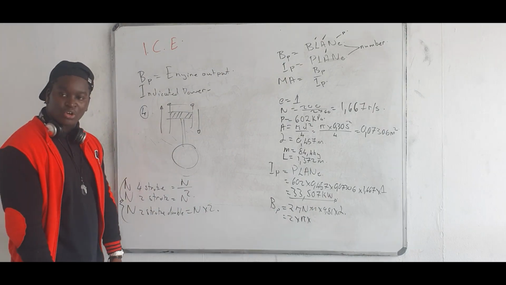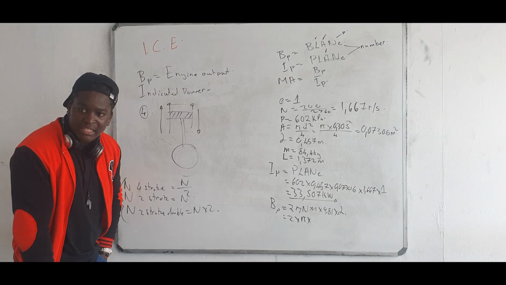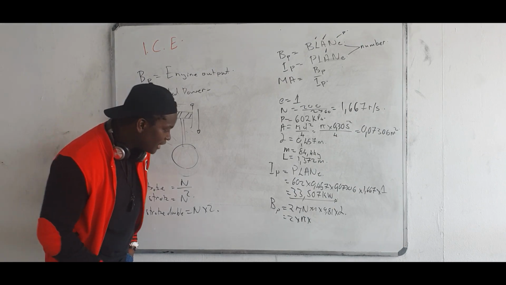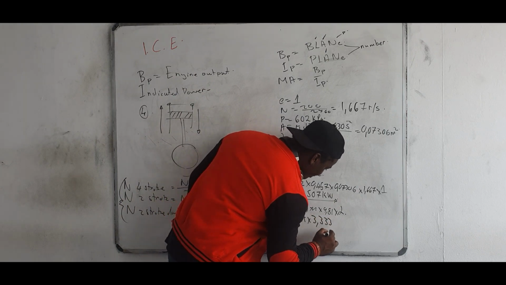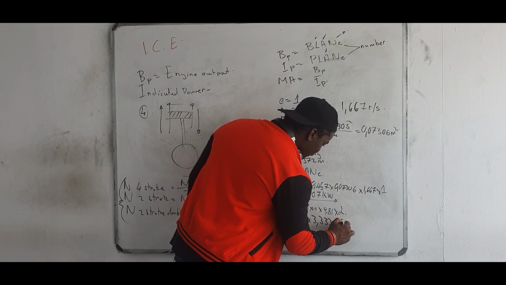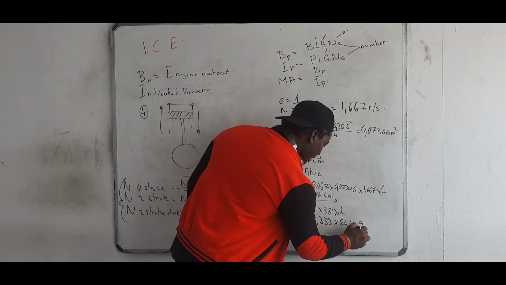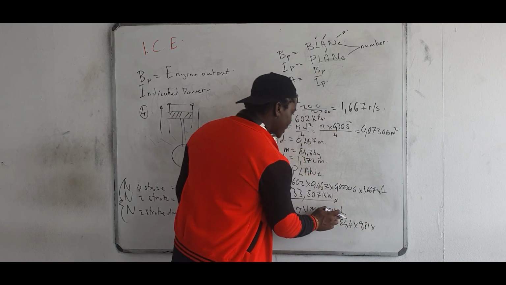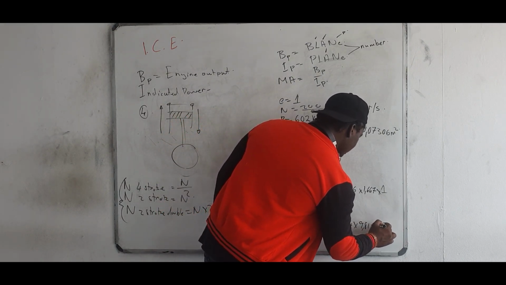200 by 60 is 3,33333. You know, I'm awesome. Okay. Multiply by the mass, which is given to us as 84,4 kilograms. Multiply by 9,81. Multiply by the arm length, which is 1,372.